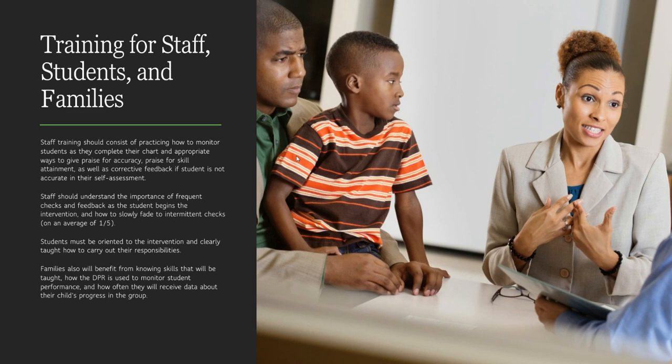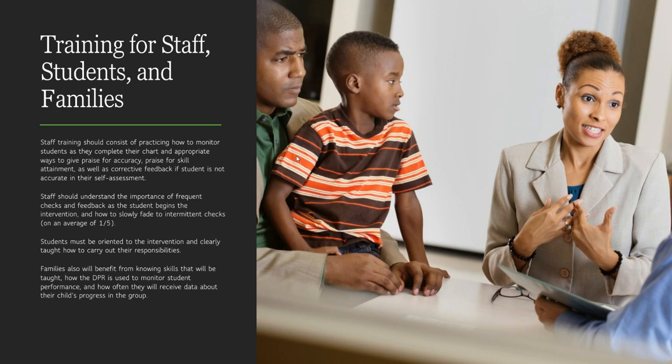In terms of student training, we need to train students how to use that daily progress report, how to monitor their skills. Again, before we even put them in a self-monitoring intervention, we need to ensure that they have been explicitly taught those skills. So students must be oriented to the intervention and clearly taught how to carry out their responsibilities and understand their roles. Now, when it comes to families, families will also need some sort of training.